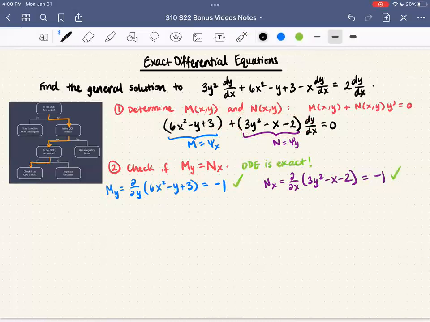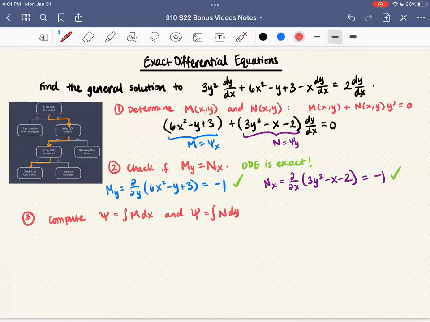So let's do that. The way that I typically do that is I compute the integrals of m and n, and I just compare them to figure out what psi should be. So we're going to compute that psi should be equal to the integral of m with respect to x, and the same psi should be equal to the integral of n with respect to y.